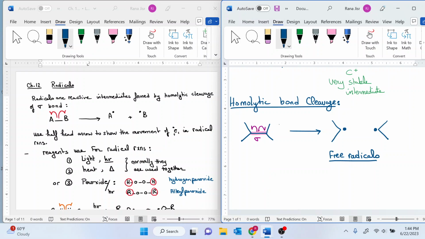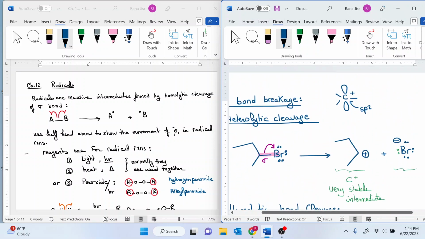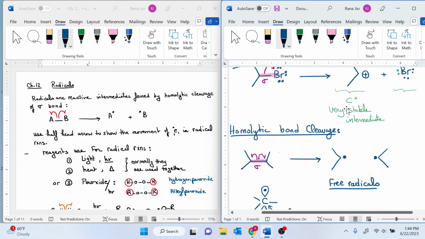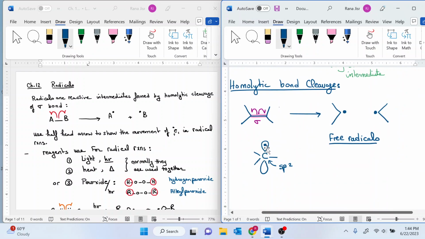If you look at the geometry of a free radical, free radicals are sp2 hybridized because they have three groups around them. So the carbon here is sp2 hybridized, and the radical itself lies in the p orbital. Compared to the carbocation, which is also sp2 hybridized, the p orbital here is empty, while here the p orbital has one electron.